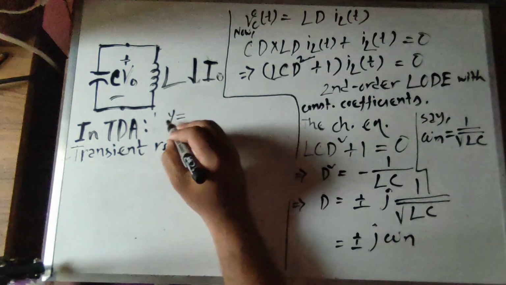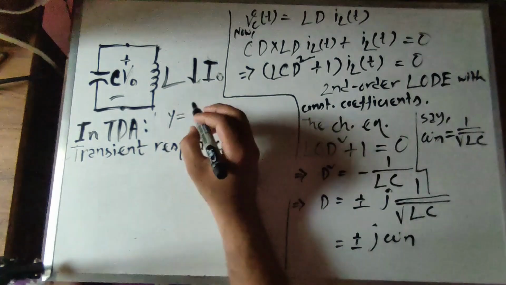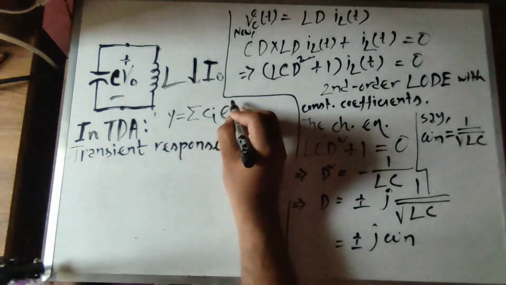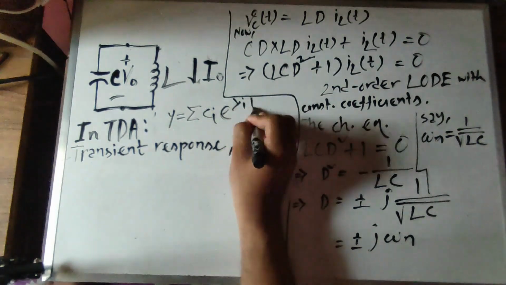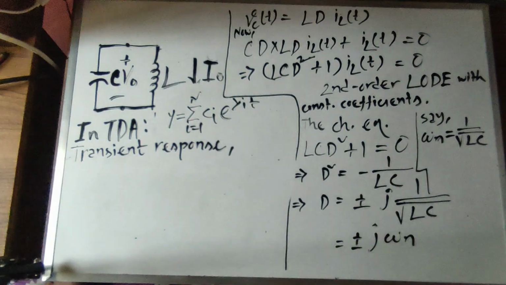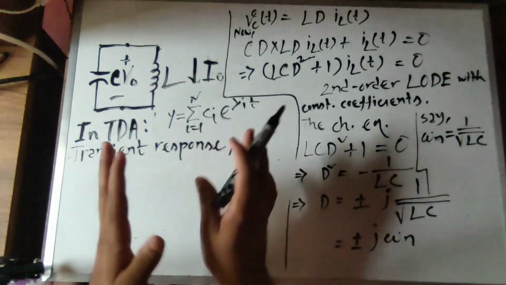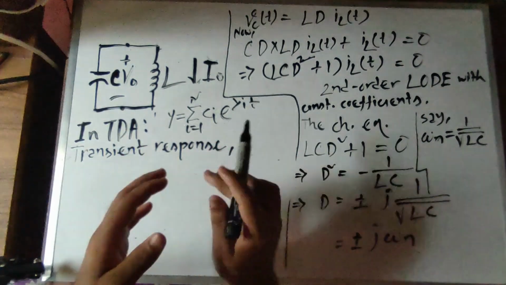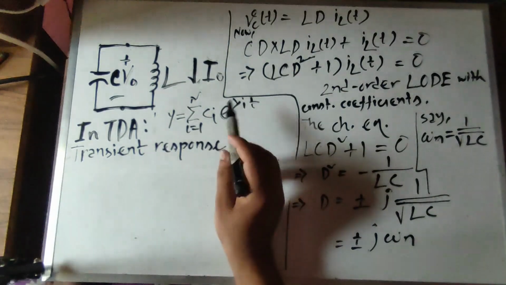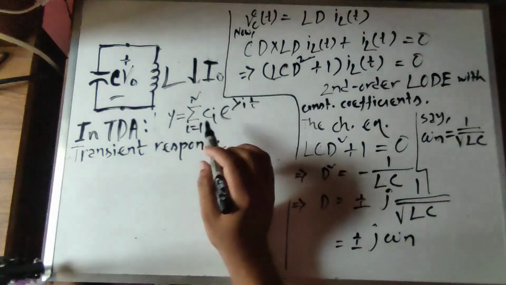In mathematical terms, the complementary solution is ci e to the power lambda i t, i equals 1 to n. So this is the complementary solution, with all the eigenvalues considered with their arbitrary constants. So this is the solution.